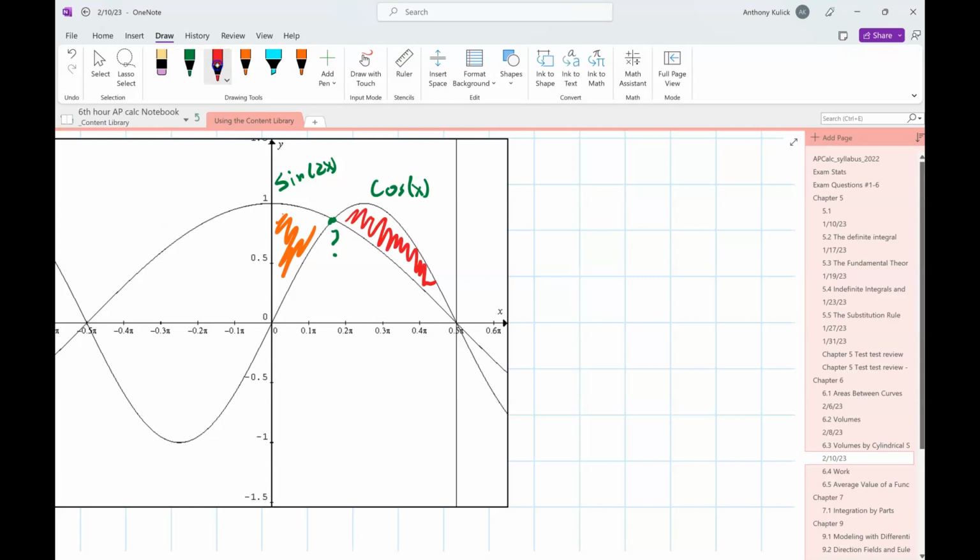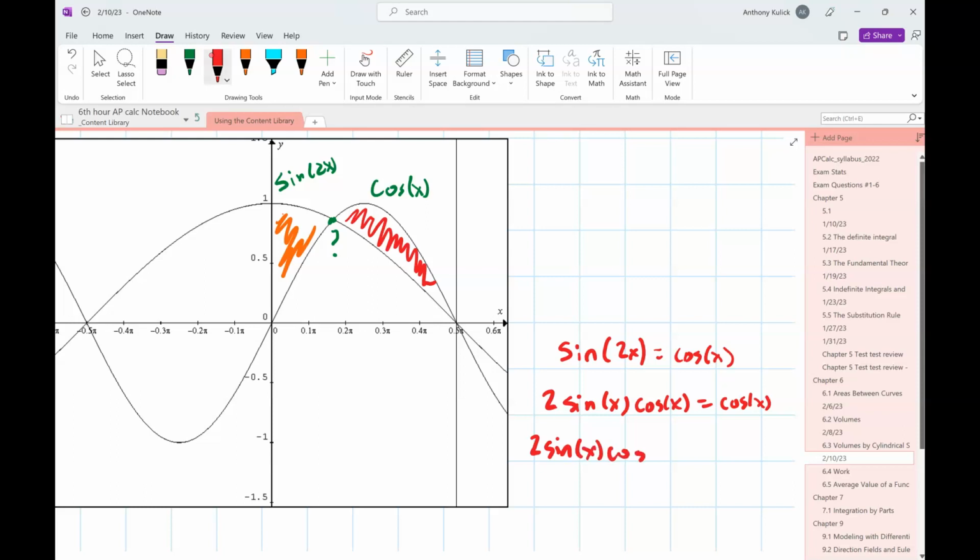Now, ideally, we could do this algebraically by setting these two things equal to each other. If you weren't confident about that, how else could you find that point? You could graph them on your calculator and use the intersect command to get that x coordinate. It's going to be a kooky decimal. So I'm going to use my trig identity that sine 2x is 2 sine x cos x, which you may or may not be remembering.